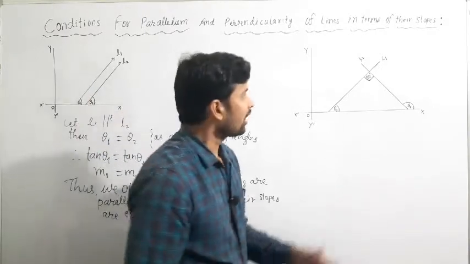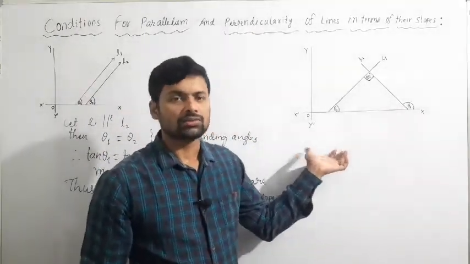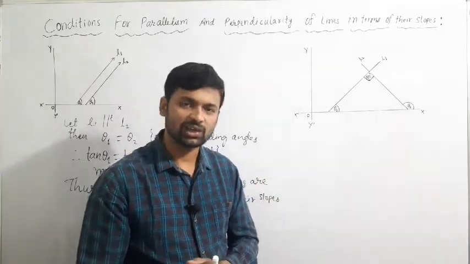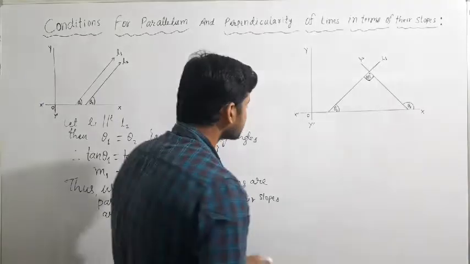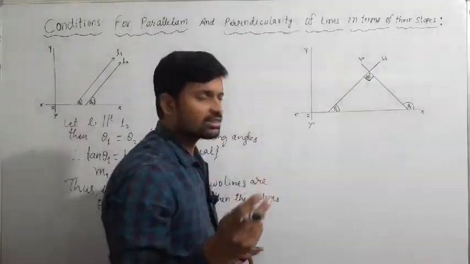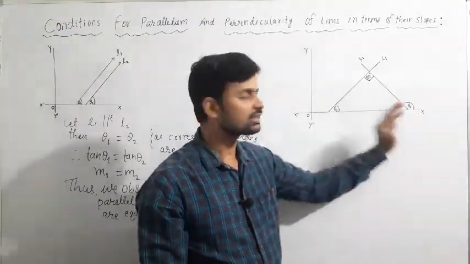Well, now I am going to explain the condition for perpendicularity of two different straight lines. Let L1 and L2 be two different straight lines again having inclinations theta 1 and theta 2.